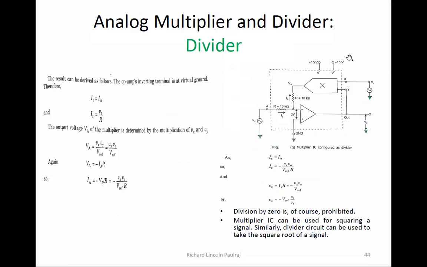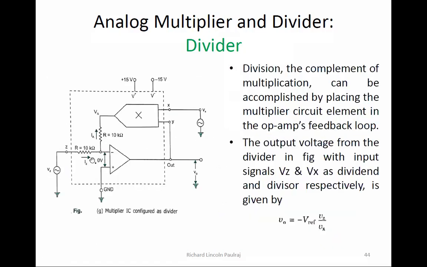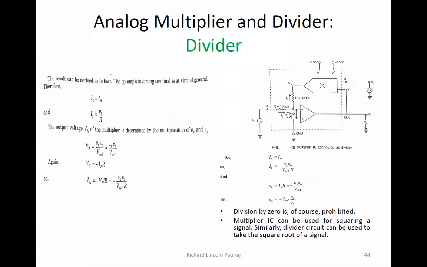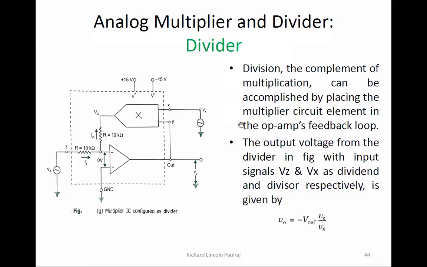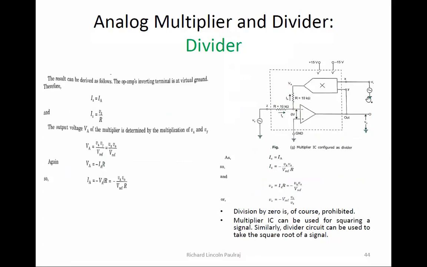The same circuit is actually brought in here. Okay, there's no difference, right? You can see R is equal to 10K, and then here also R is 10K, right? So I've brought in the same multiplier circuit, and that's configured as a divider. Now Iz, okay, Iz is equal to Ia.